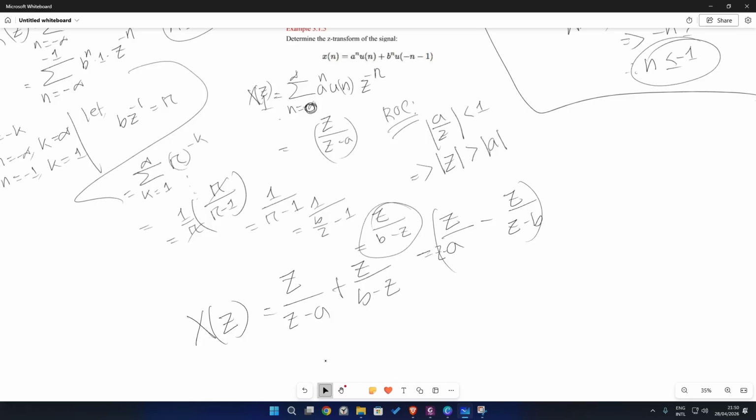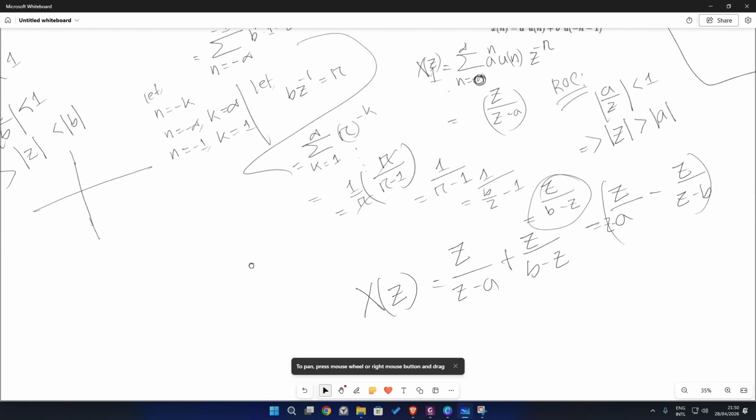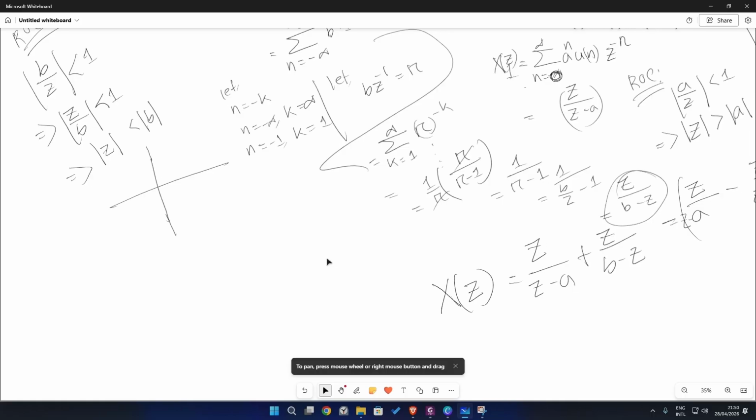So if we now write the ROC of both of these together, what will it be? We are seeing here z is less than b, and from here we can see z is greater than modulus of a. So together this can be written as a less than z less than b.